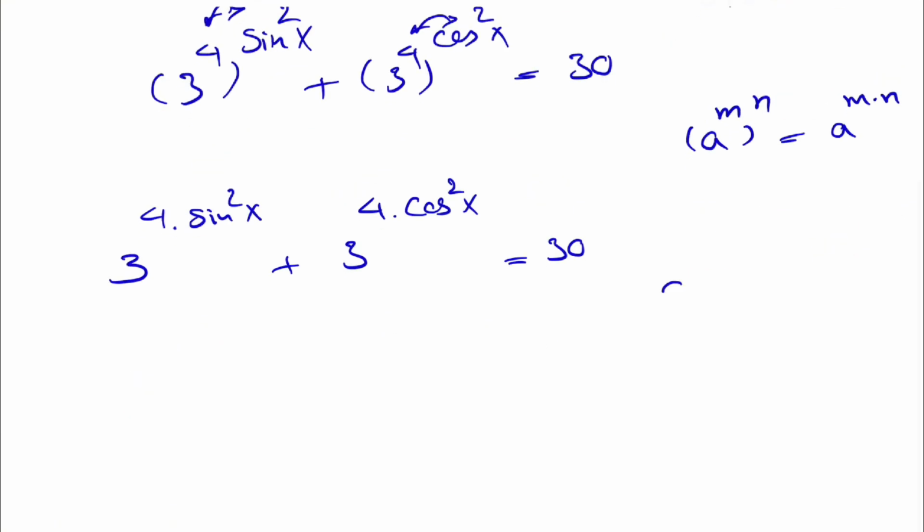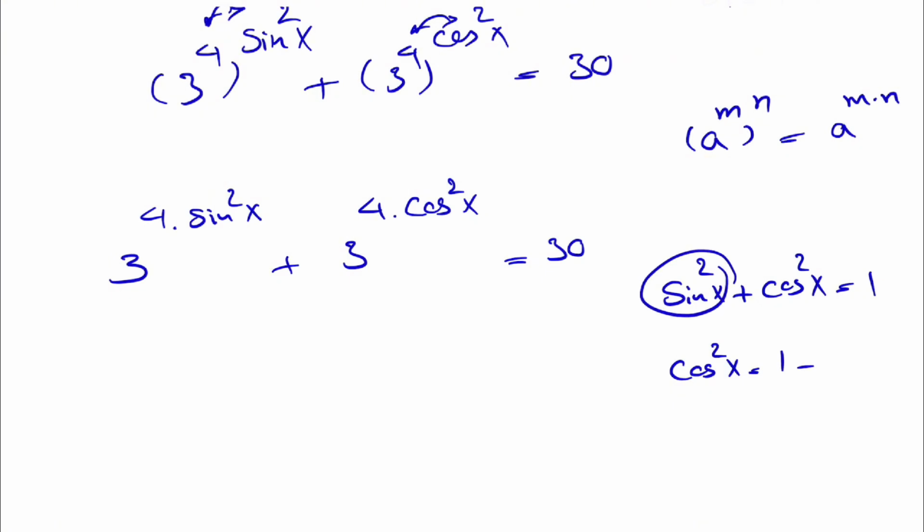And we know that sine squared of x plus cosine squared of x is equal to 1. So basically we can find cosine based on the sine, and cosine squared of x would be 1 minus sine squared of x, bringing the sine to the other side of the equation.